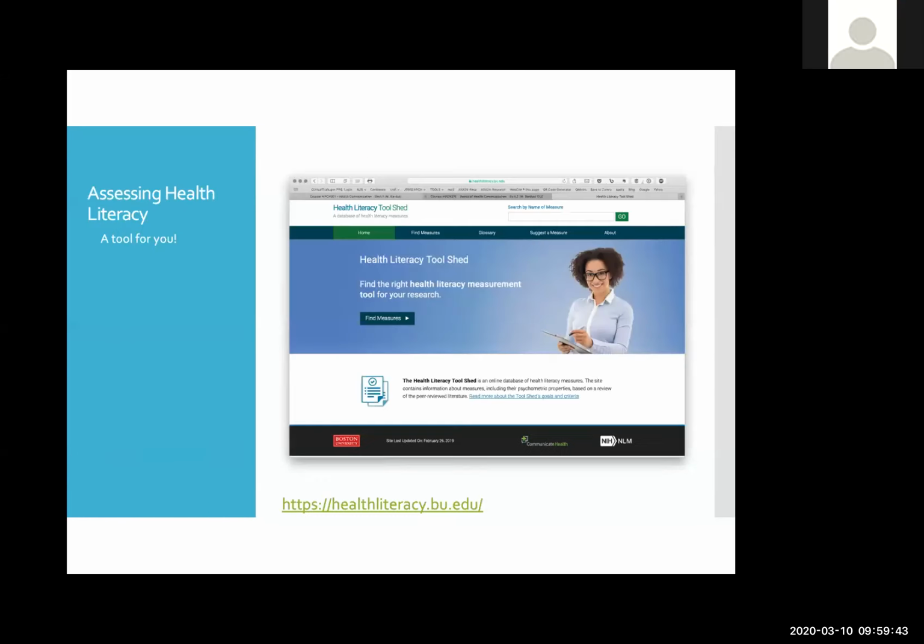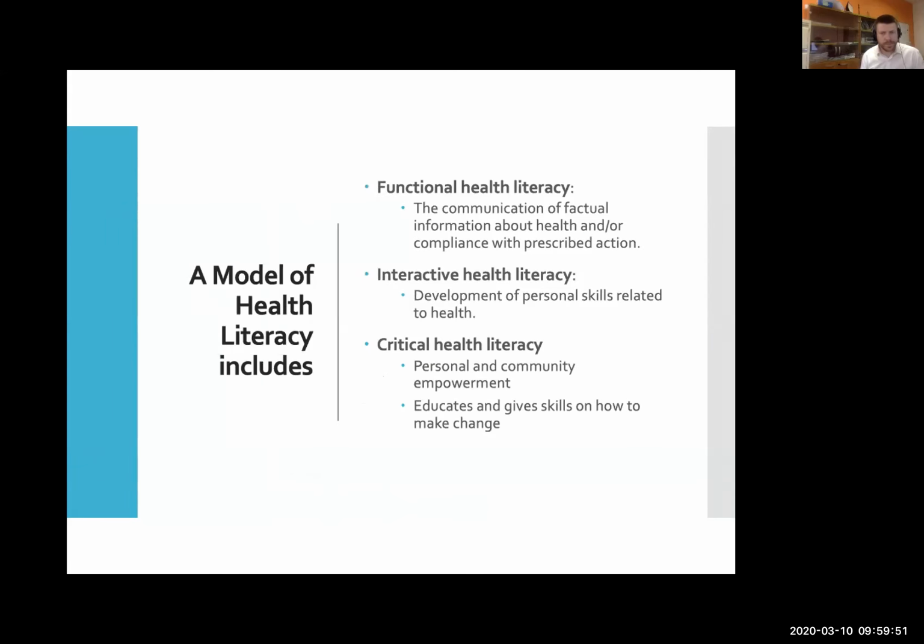Yes, if you don't mind, can you go back to the previous slide about critical health literacy? Yeah, there you go. Because I have this concern that for some people, even though they may have the best information about how to prevent diseases and take care of themselves, there is this issue of having a theory about what health is and how it connects to their human rights.